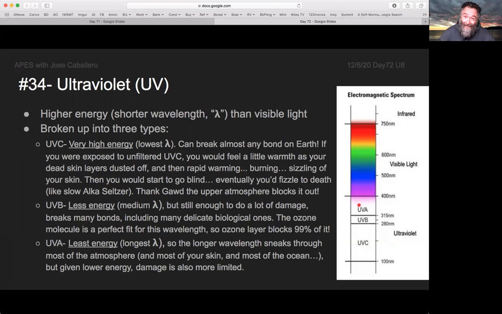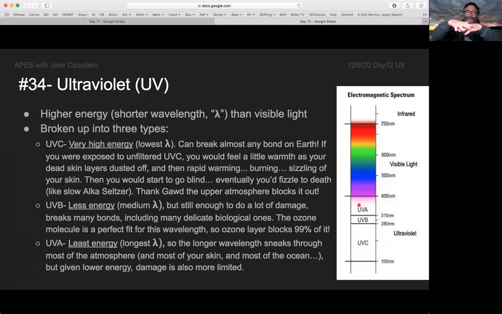This is not exactly accurate, but if you were exposed to pure unfiltered UVC, like outside our atmosphere, in a spaceship with a plain window, with unfiltered and unblocked UVC hitting your body, you'd start to feel a little bit warm, and all the dead skin, the outer layers of our skin, would start to just powder off.